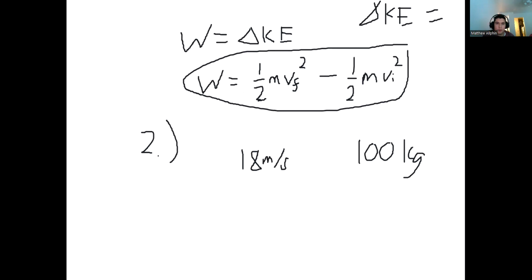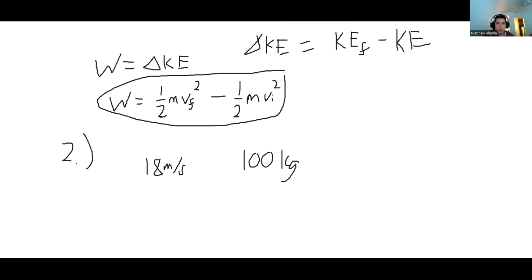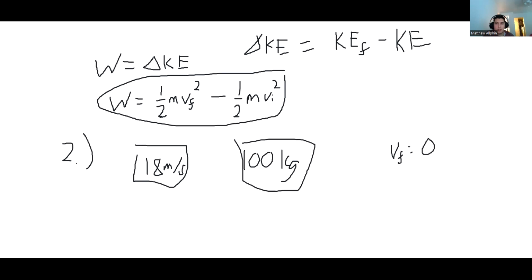So if I look at my work kinetic energy theorem, I have a mass, I have an initial velocity, and what's my final velocity? Well, it says it comes to a stop, so therefore my final velocity has to be 0 meters per second, or just 0, right?